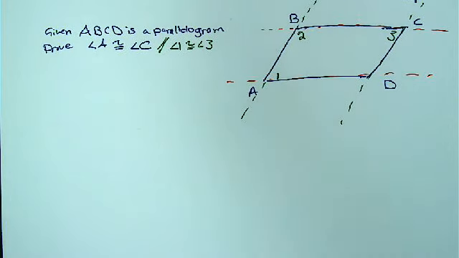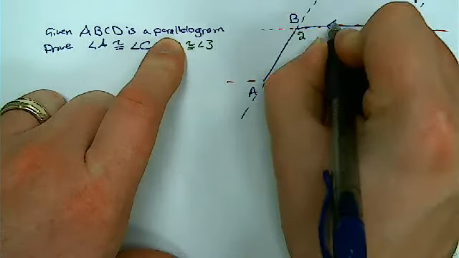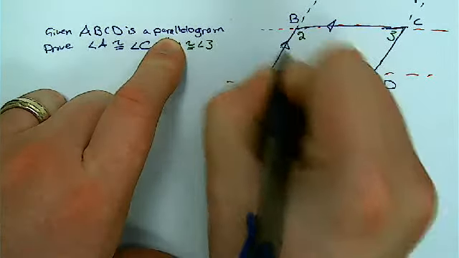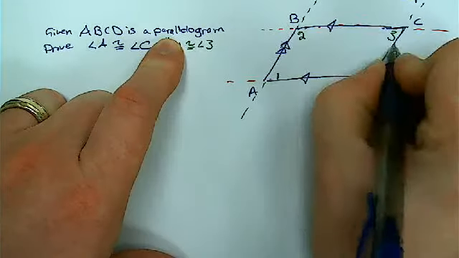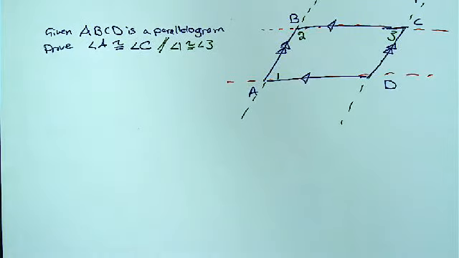It's parallel sides. Okay. So if it's a parallelogram, I know that BC is parallel to AD, and that AB is parallel to CD. So I'll mark those on my diagram.